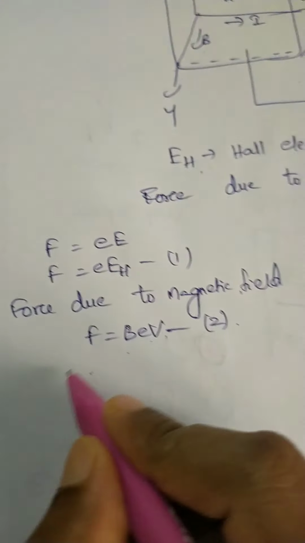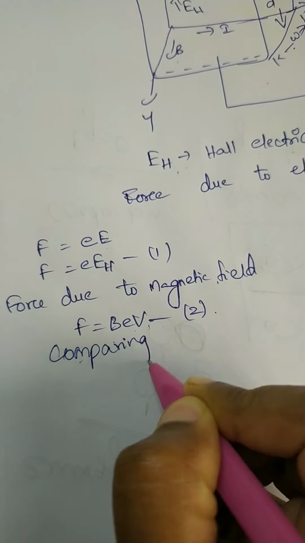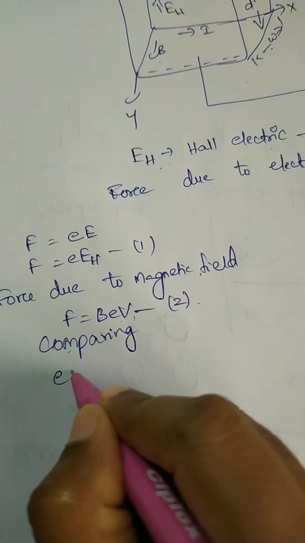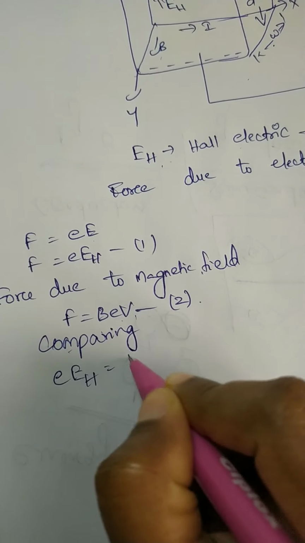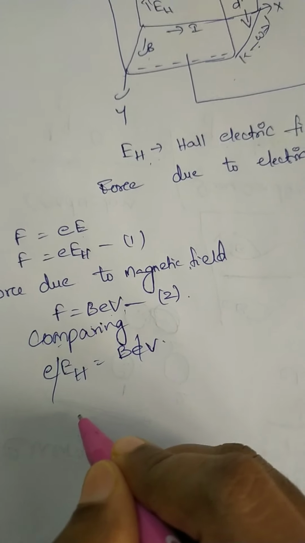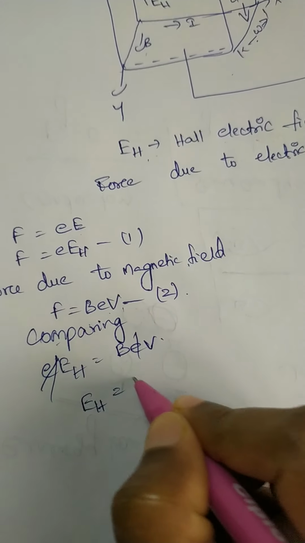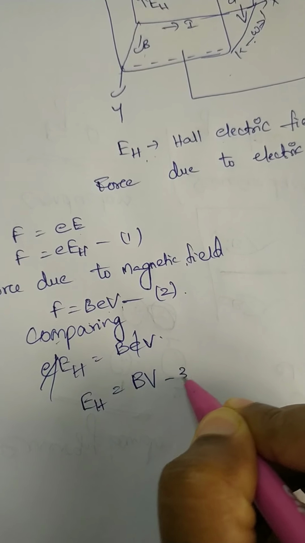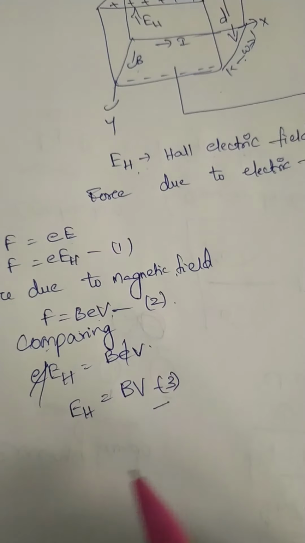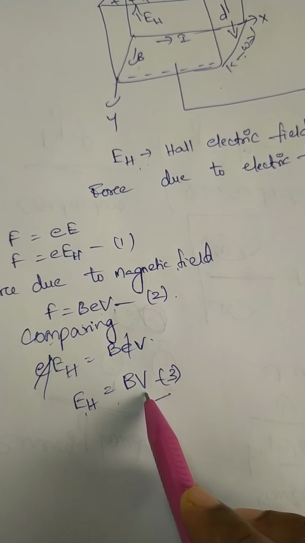Now comparing these two equations, we get eEH equals BeV. The e cancels, so we get EH equals BV, which is the third equation. So the Hall electric field EH is equal to BV.